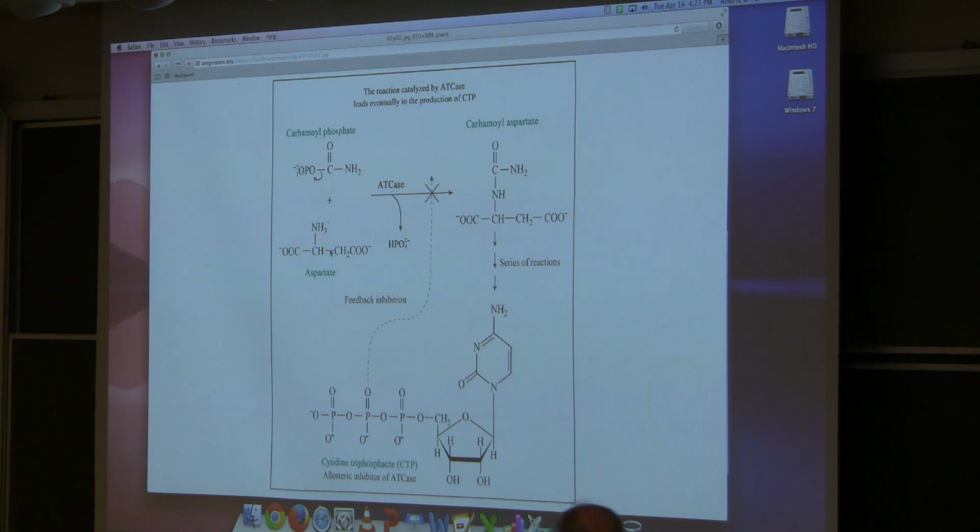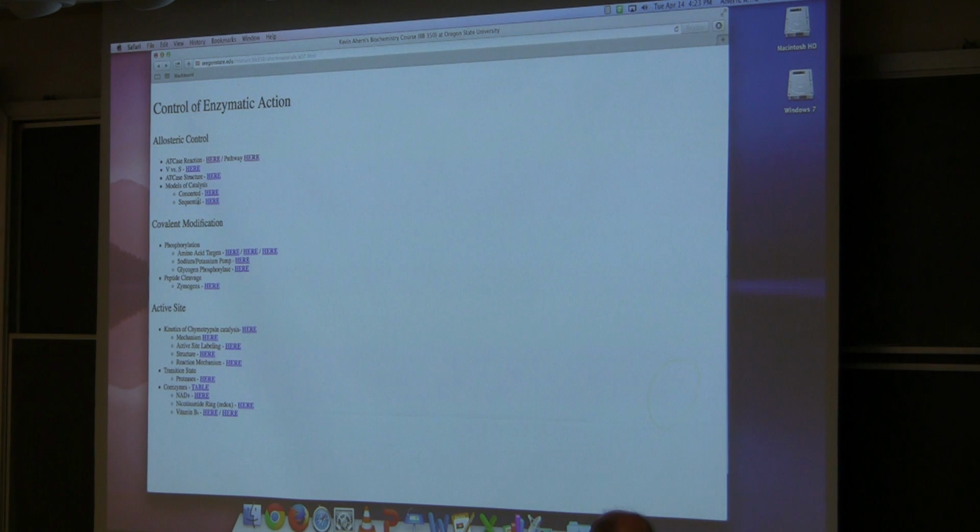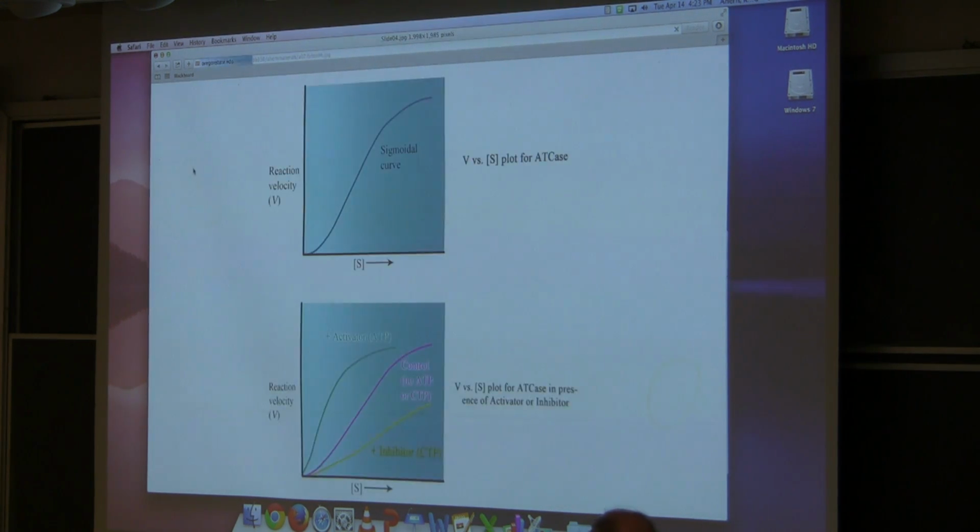Okay. All right. So aspartate turns ATCase on. CTP turns it off. ATP turns it on. Three things. Really remarkable enzyme. I showed you earlier that ATCase has a sigmoidal plot, and we talked about the significance of that sigmoidal plot.